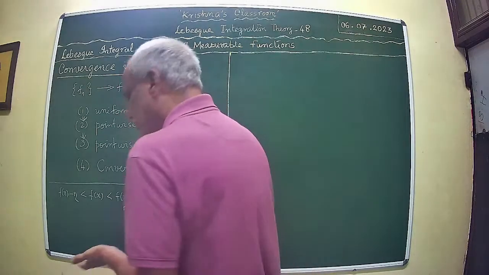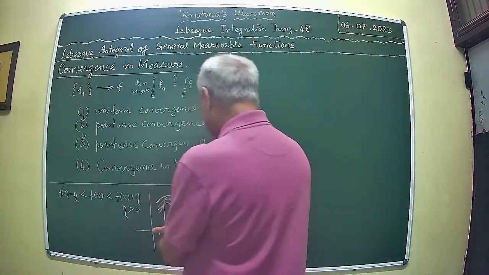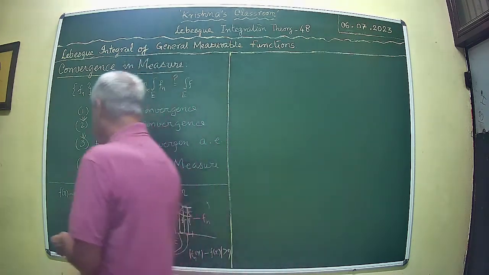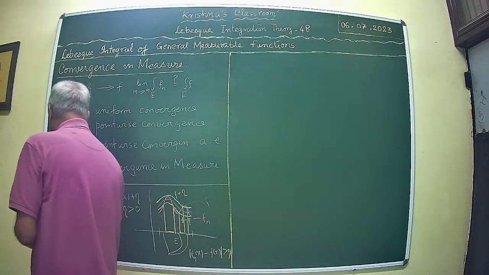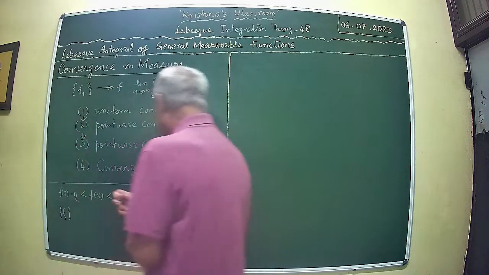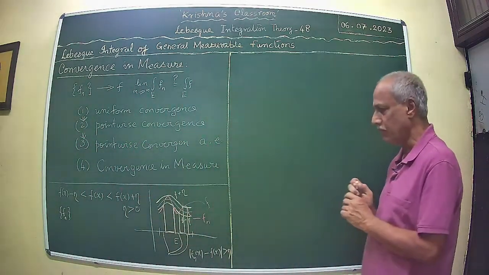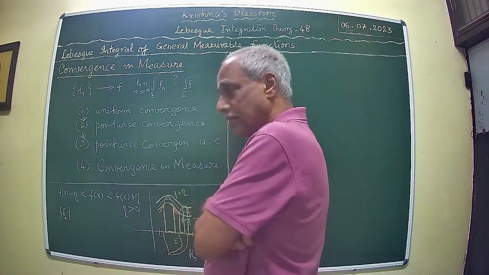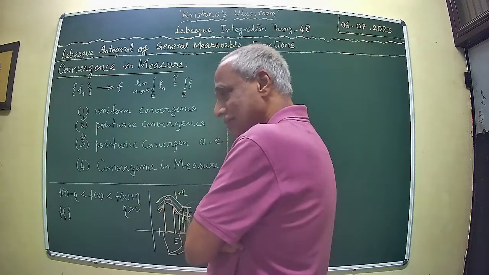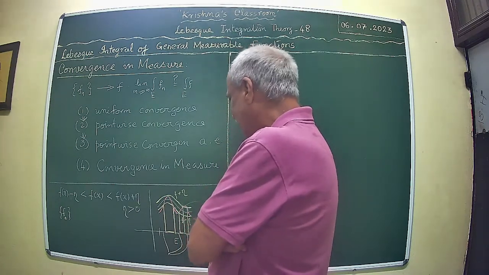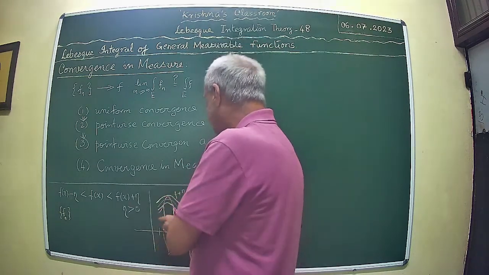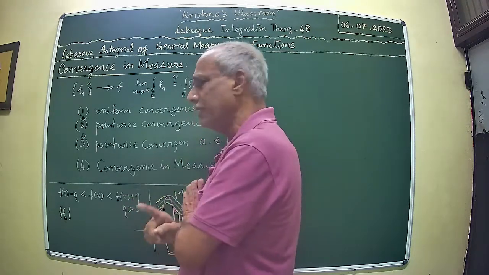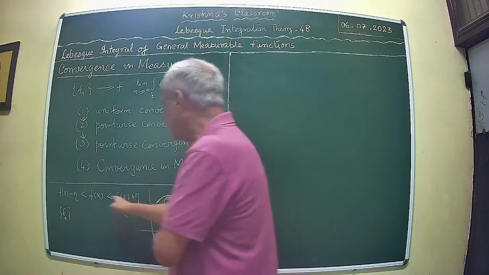What we want to assert is the following. As n gets large, because you are given a sequence fn, suppose fn is converging to f at all points, then what would happen? At some stage or other, for a given x, fn(x) would be satisfying this condition.